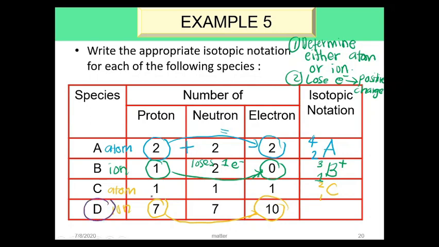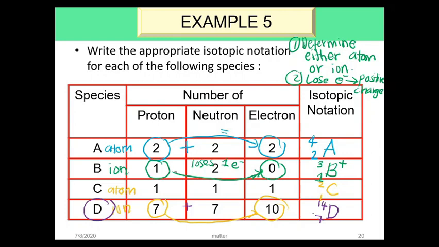For D, the isotopic notation is D. The number of proton is 7, and the nucleon number is 7 plus 7, which would make up to 14. But what about the charge, class?